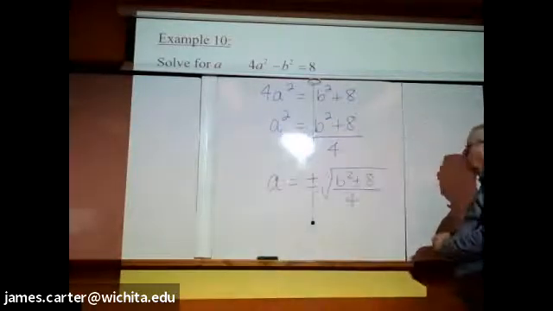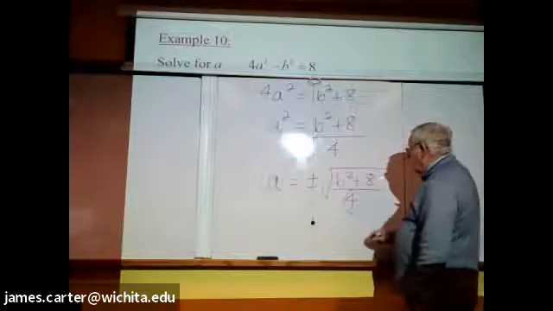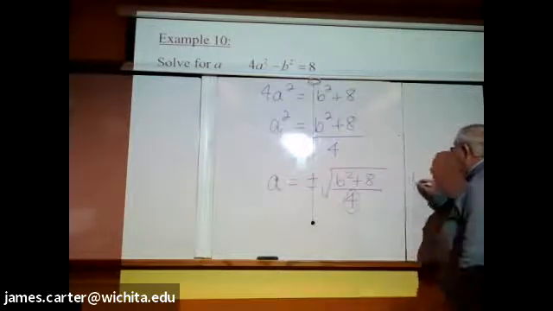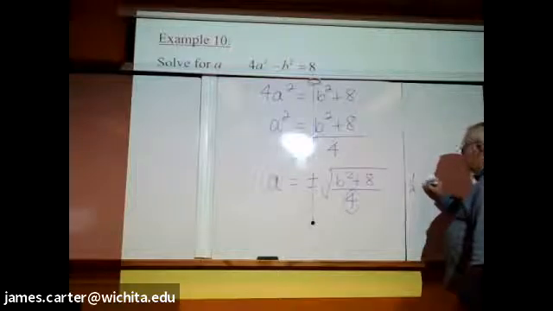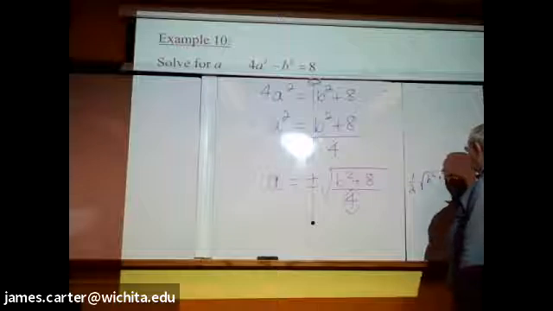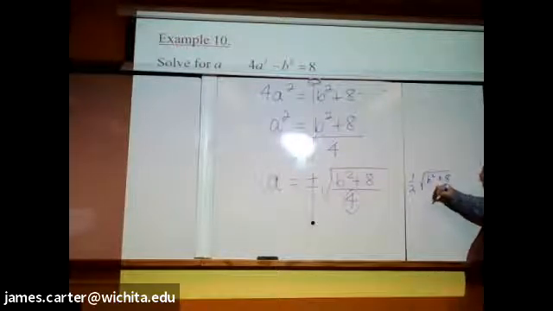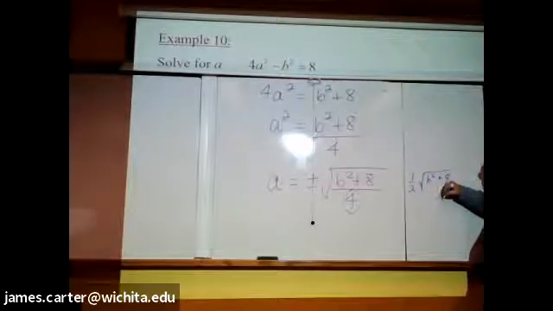So what do I need to do to this thing? Well, first I can extract this 4 and get a 1/2 out here in front of this b squared plus 8. Now, b squared plus 8 will not factor in any way, shape, or form. It's not a perfect square, okay?